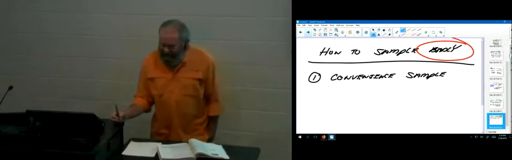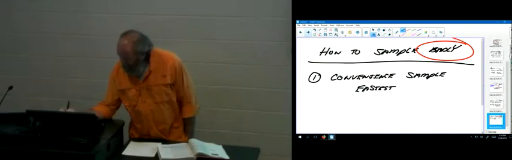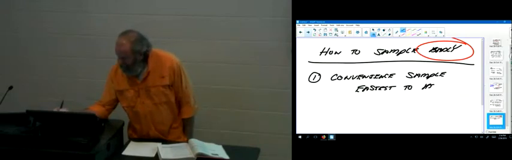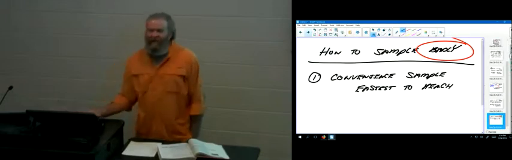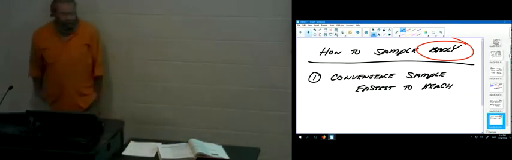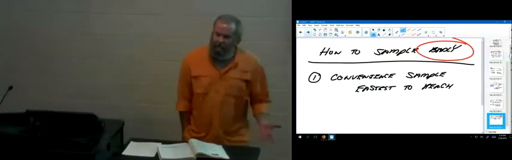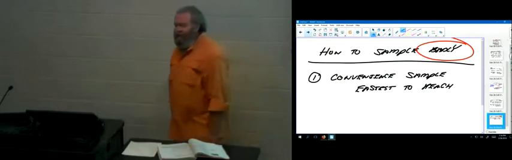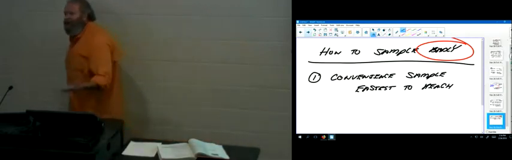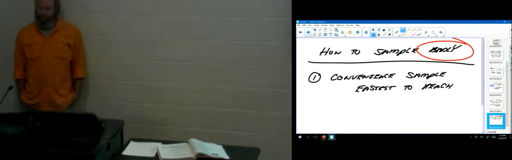What that means is these are the easiest to reach. A quick example of a convenience sample is if I wanted to, just for the sake of things, let's say I want to sample undergraduate students on the ETSU campus. And I go to the main campus and I stand outside the library and I talk to the first 20 that pass me.